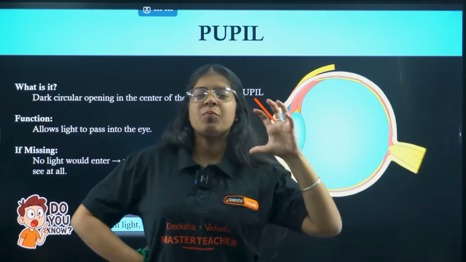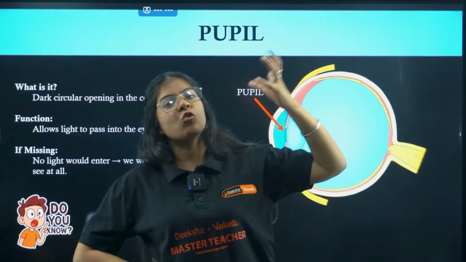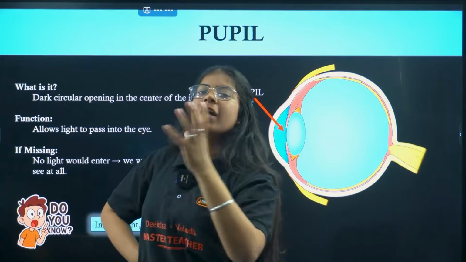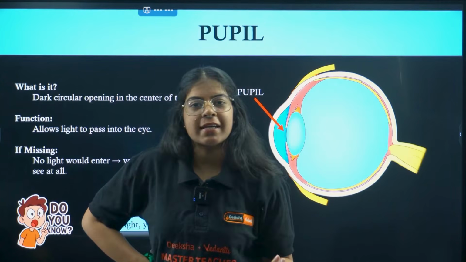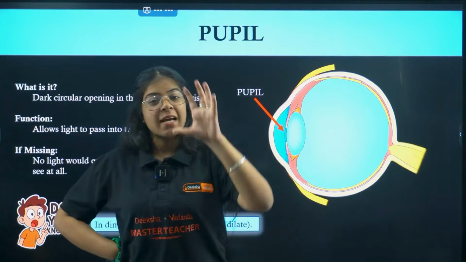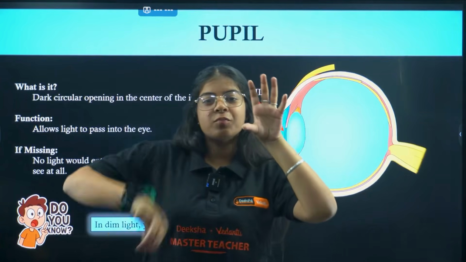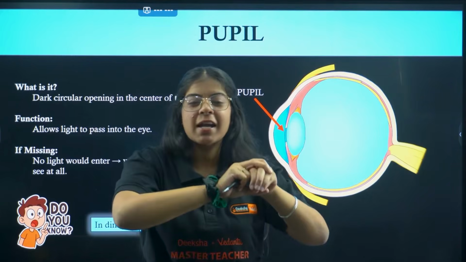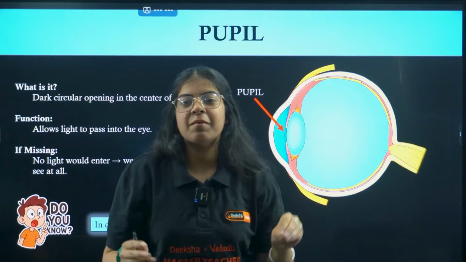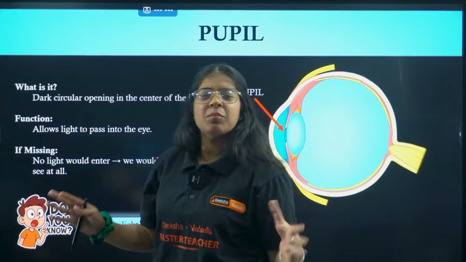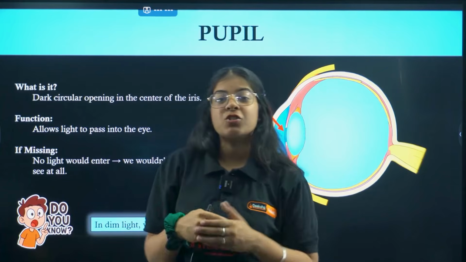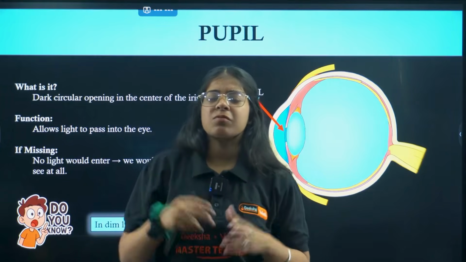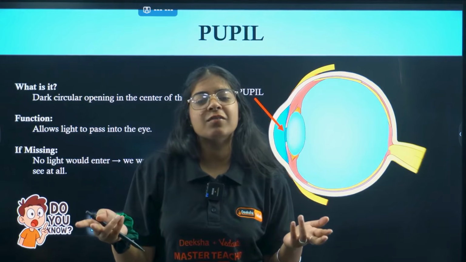Because the size of the pupil is so small from the bright light outside, and then suddenly you enter a black room and you can't see anything. So what happens is, when you enter into a black room, the size of the pupil gets larger. And then after some time it gets accustomed to the dim lighting, and it starts to capture the dim light. Of course, the vice versa is also true.